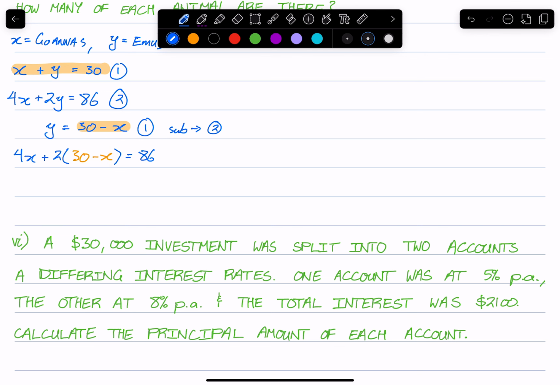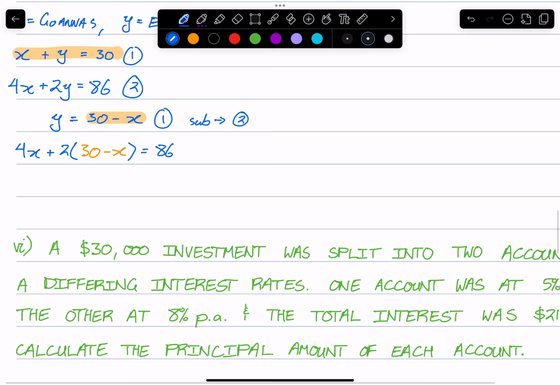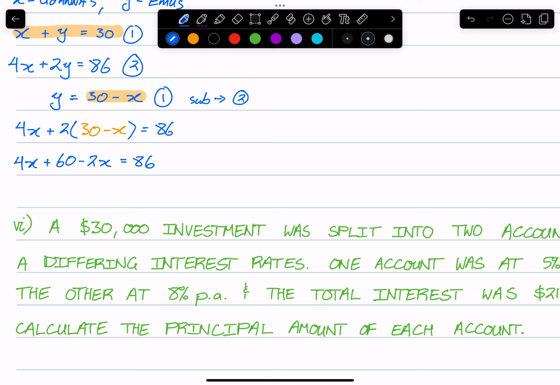Now from this point, we just expand this and solve this as an equation. We get 4x plus 60 minus 2x equals 86. The 4x and the negative 2x combined, we get 2x plus 60 equals 86.